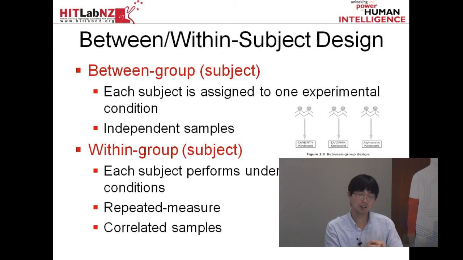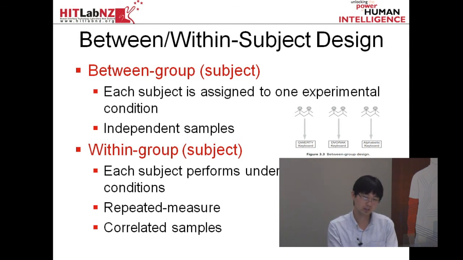The other way is, if you have too many conditions, it might be too stressful for one user to try all of them. So you can assign one participant to try only one condition, and another participant to try another condition, and run statistics out of it.